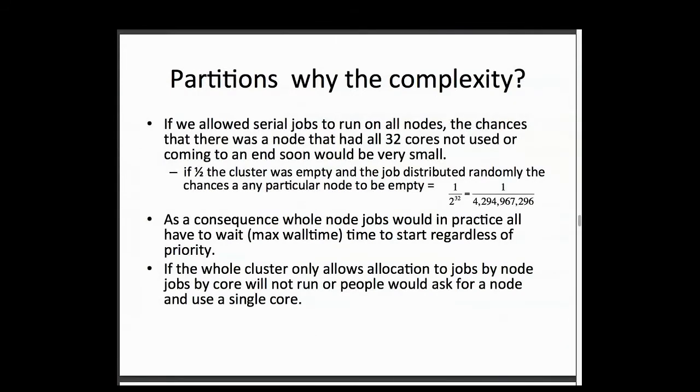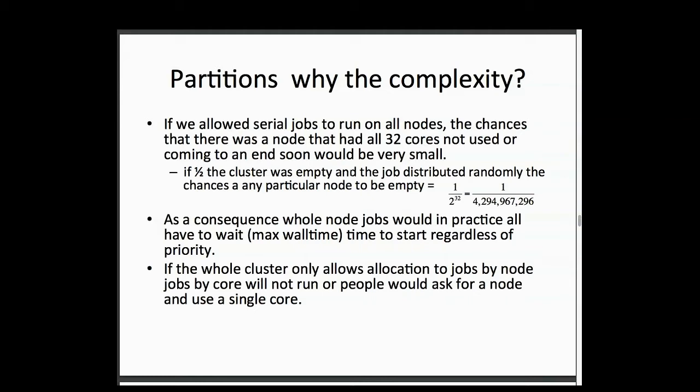So why did we do this with all this complexity? If we allowed jobs to run on all the nodes by core, the chances that there was a node where all 32 cores are not used or coming to an end soon would be very small.